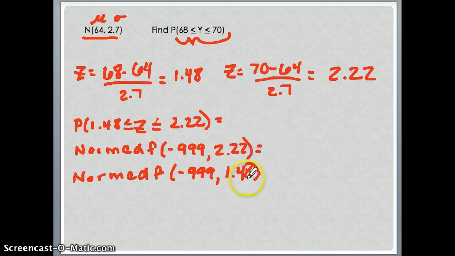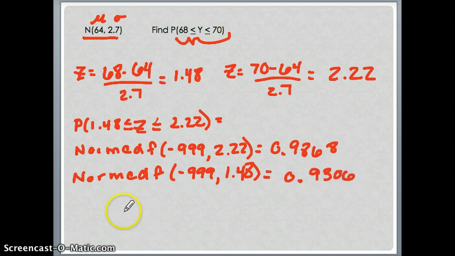Once you put this into the calculator, this was the lower boundary to the upper boundary, and this one would be 0.9868, and this would be 0.9306. You guys can practice putting it into the calculator. I don't have a calculator on the computer, so I'm not able to show you guys.